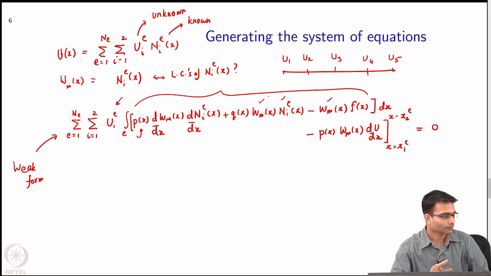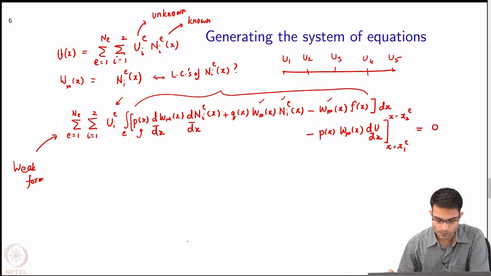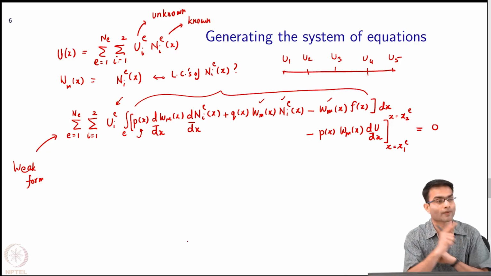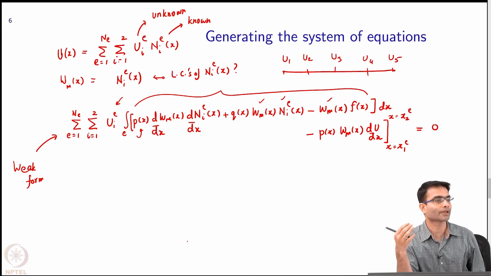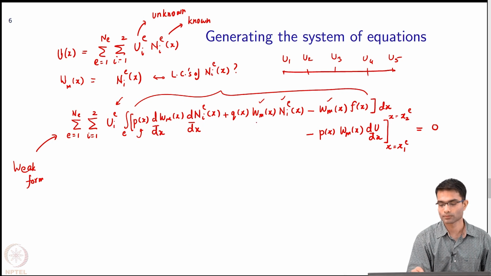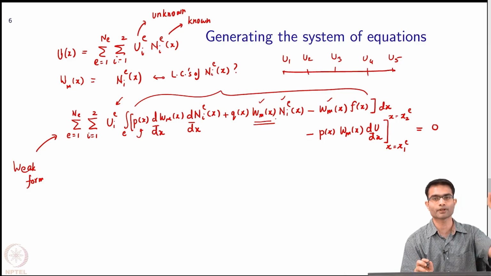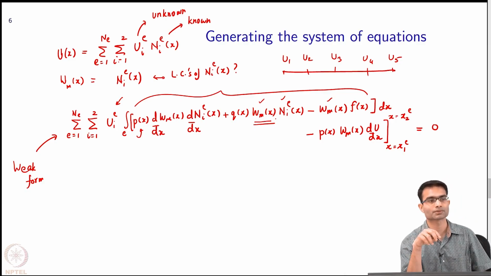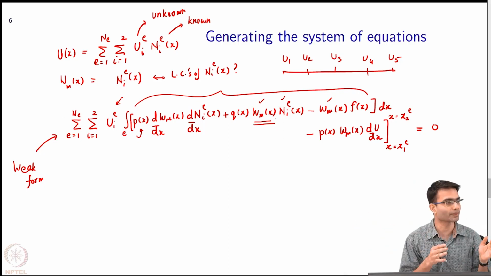Okay. So what remains now, of course, is I got one equation in 5 variables, and what would I do next? How will I get enough equations in enough variables? This guy, WMX is in my hand. I can put in different W's, get more and more equations. Okay, each W is non-zero in a different segment, so I'll get different equations, but all equations will have some combination of these U's. Okay.